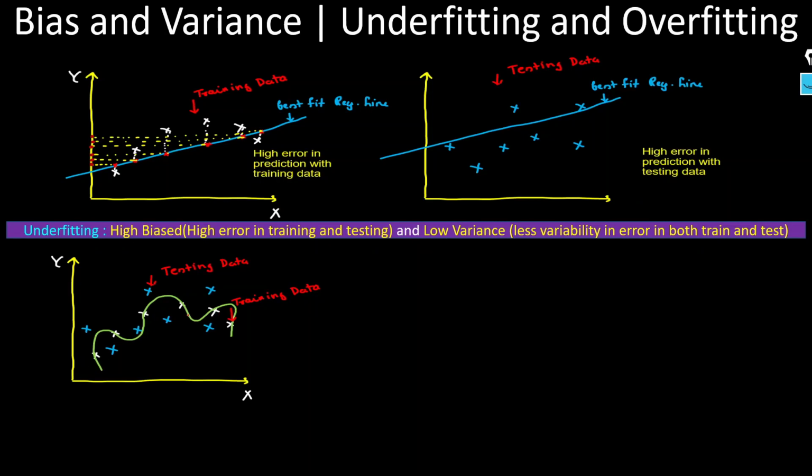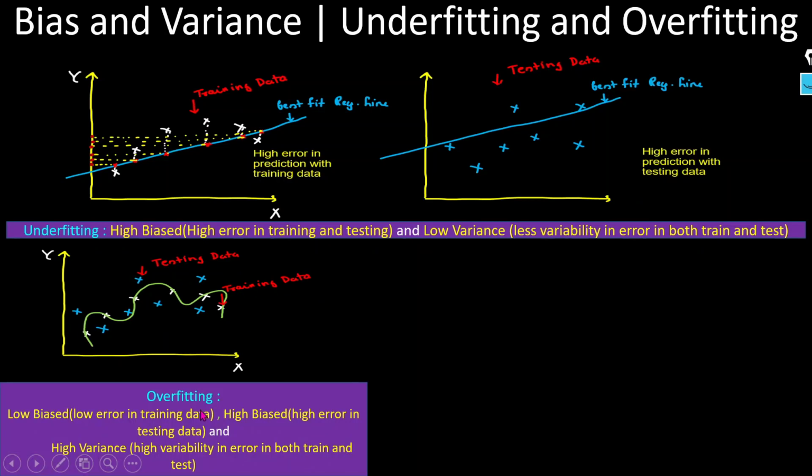We apply this particular non-linear model here. Due to that, we are able to fit all the data points. It means we are memorizing the things, we are overfitting. If you see here, we are doing the overfitting, due to memorizing the things. That's why it is not able to work properly with the testing data, it means unseen data. So how can we get the best fit?